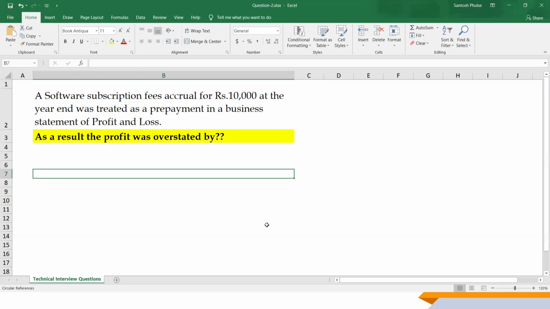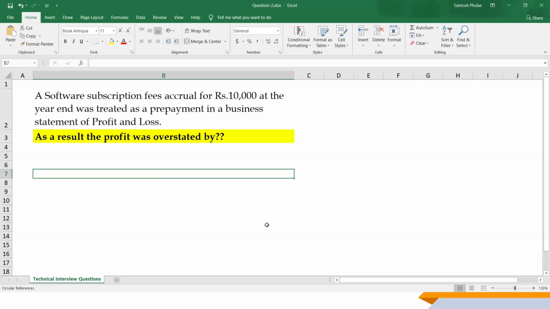Now, when the software subscription fees accrual of rupees 10,000 is required, that's going to be booked as software subscription fees, the expense account, debit, to accrued expenses, which is the liability for us. That's the correct entry we have to post.